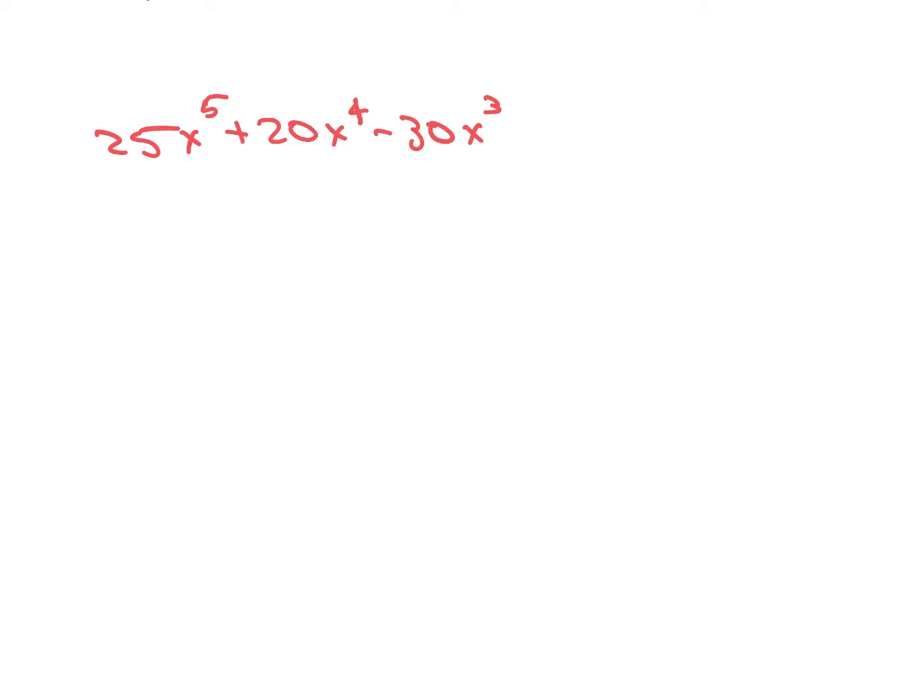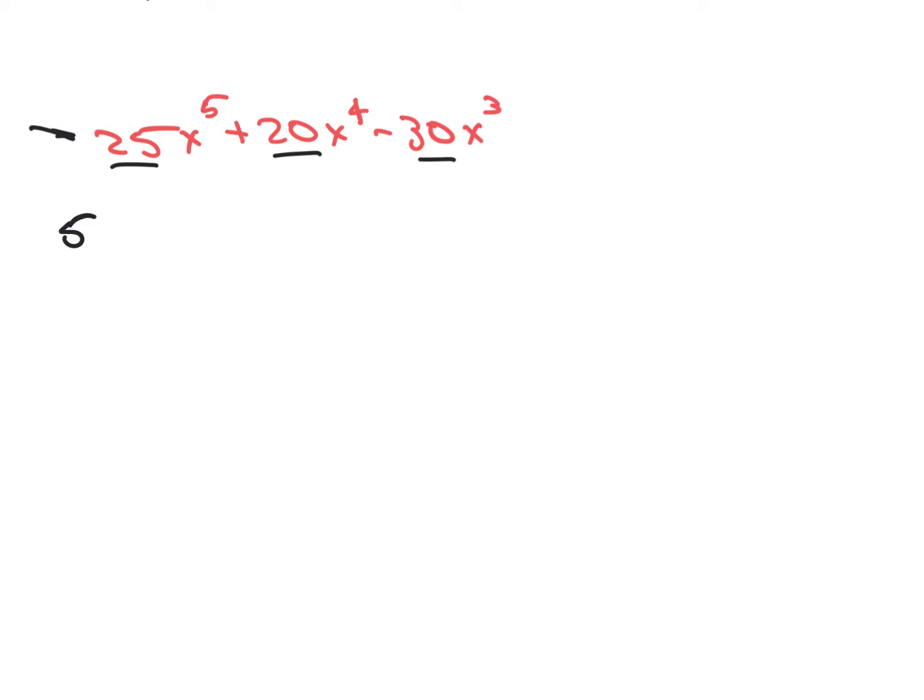All right, so first thing we're going to do when we're looking at finding the greatest common factor of all three of these is we look at the numbers first. What is the biggest number that goes into 25, 20, and 30? So in this case, it's 5.